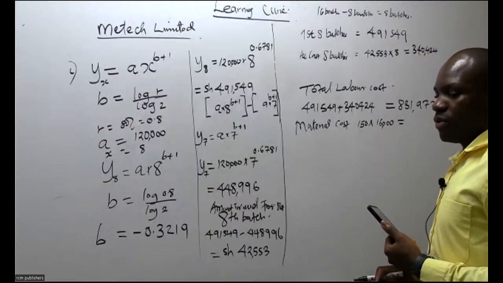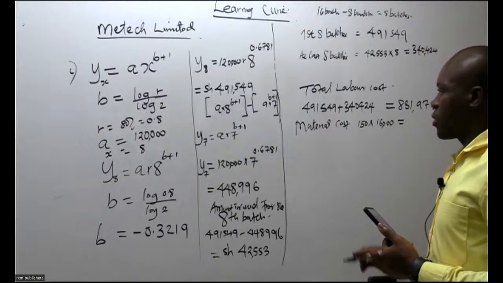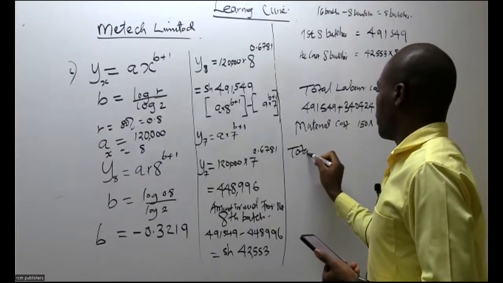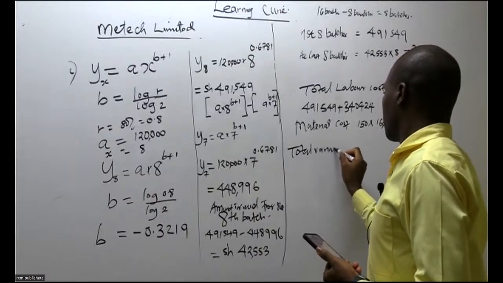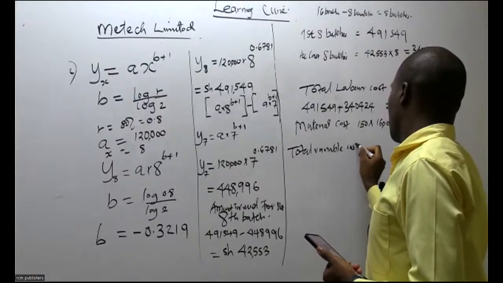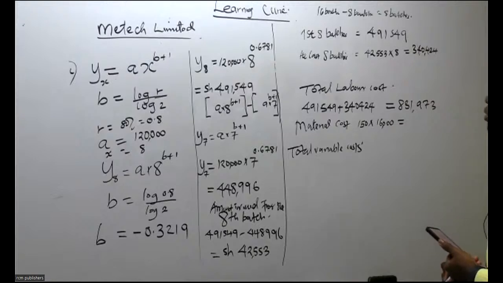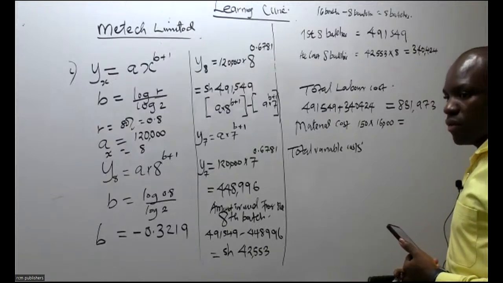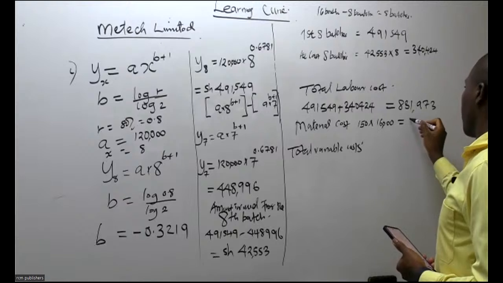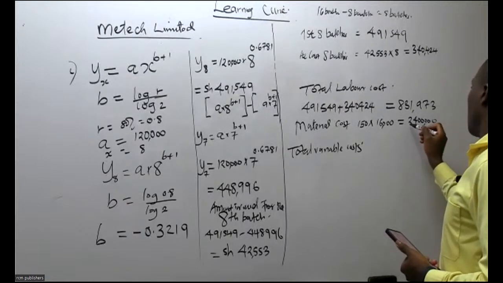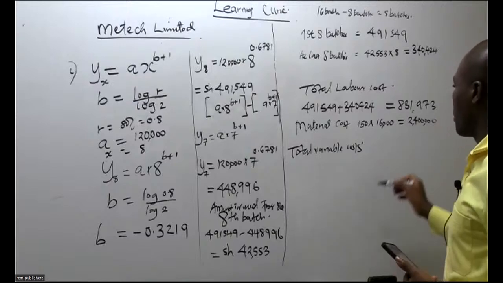What will be our total material cost? It is 2,400,000.